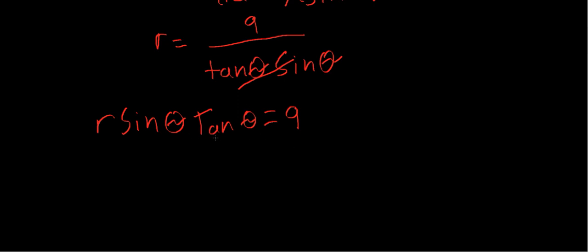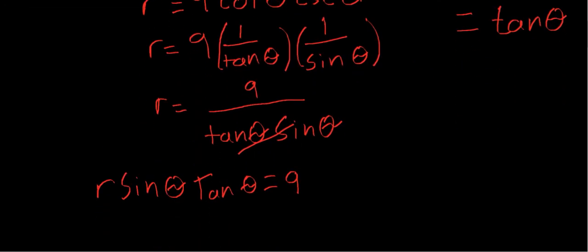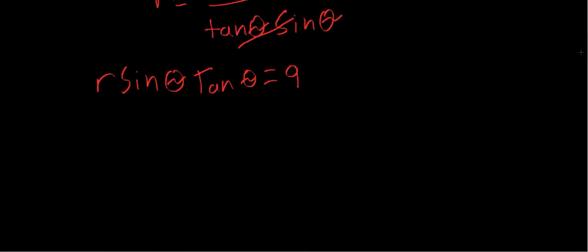R sine theta, well, what's r sine theta? We look up here. R sine theta is y. Tan theta is y over x. So already we have our equation in terms of x and y, in terms of Cartesian coordinates. So let's write it all out. R sine theta goes to y. Tan theta goes to y over x.